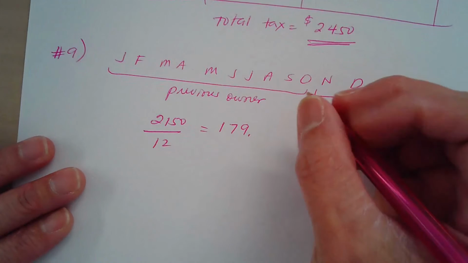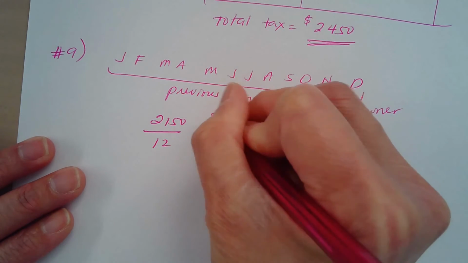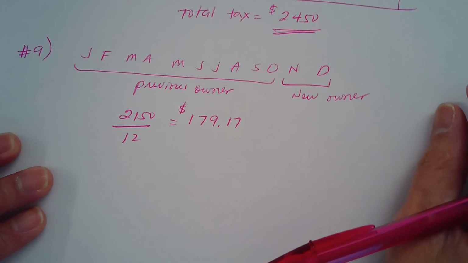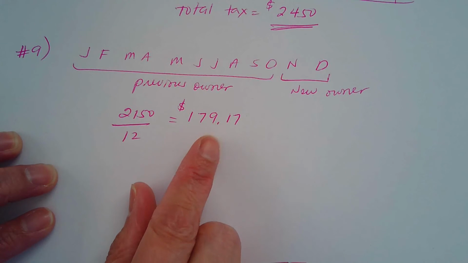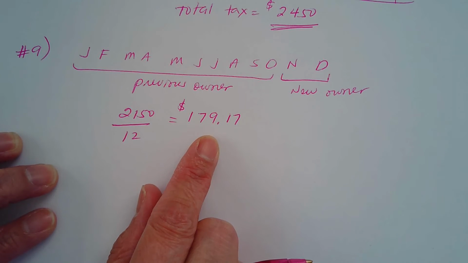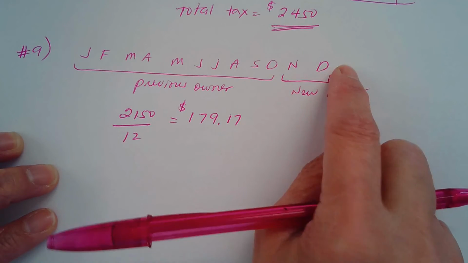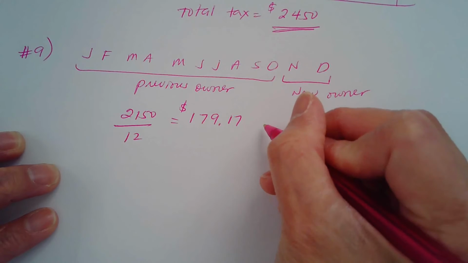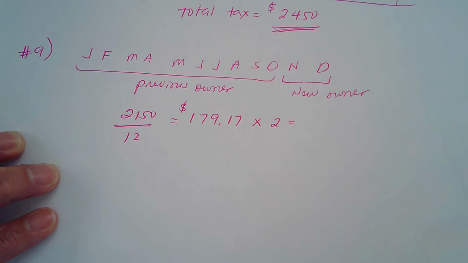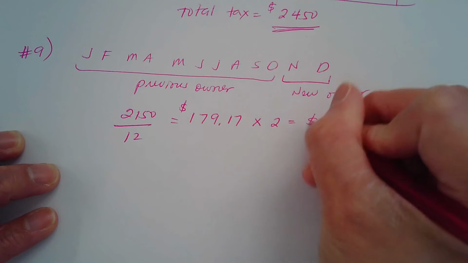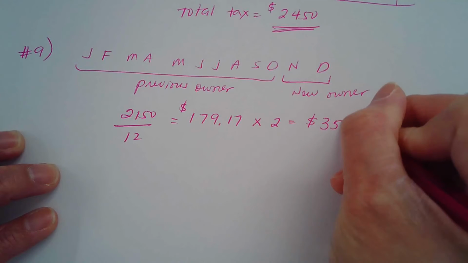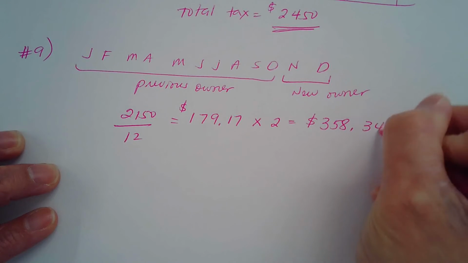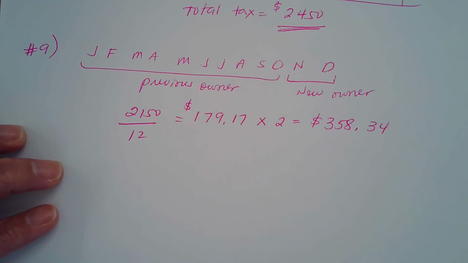Very good, because anything over 5 gets rounded off. Exactly, so that's gonna be $179 per month. We have to reimburse them for 2 months, so times it by 2. So 179.17 times 2, we have to give them back $358.34. Reimburse.